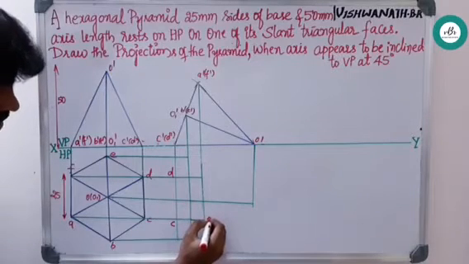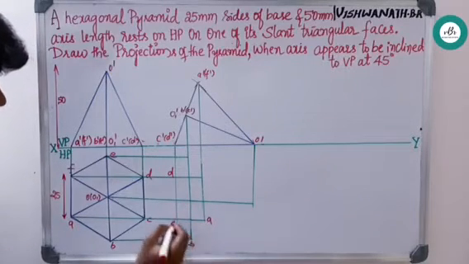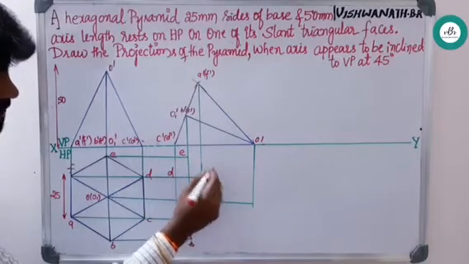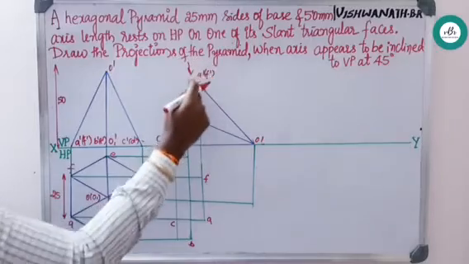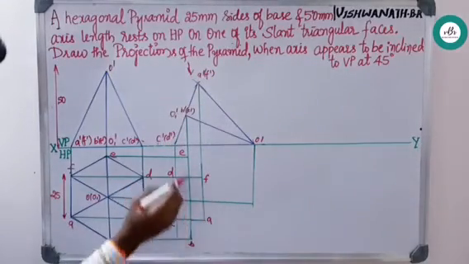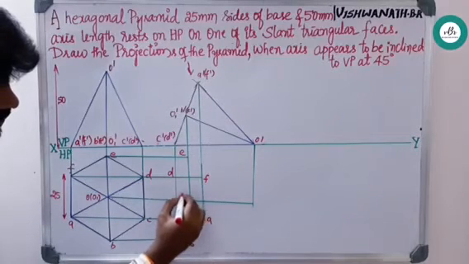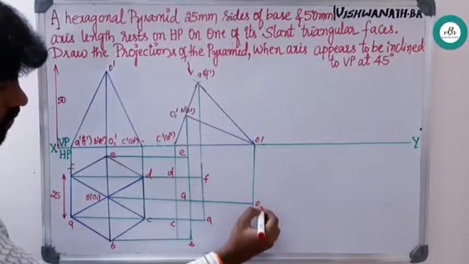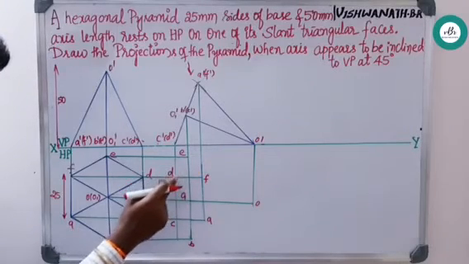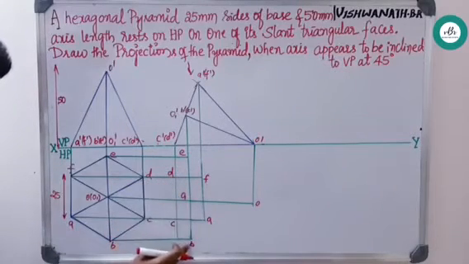So this is A, B, C, D, this is E and this is F. Since from the top view the base part is clearly visible, highlight the base part and highlight the boundaries also. This is o1 and this is o. Here the boundary will be o, e, d, c, b and again o.